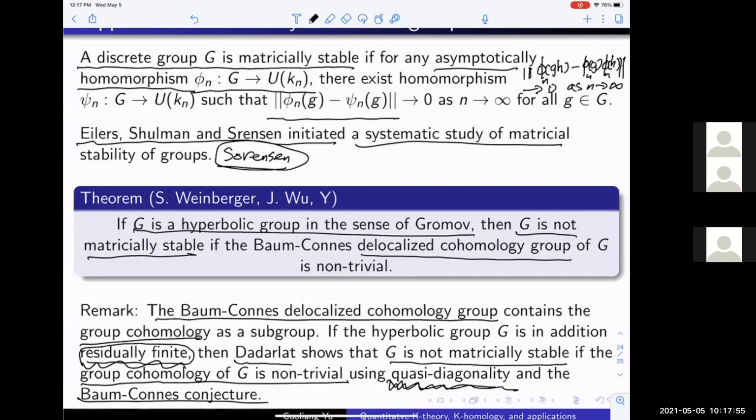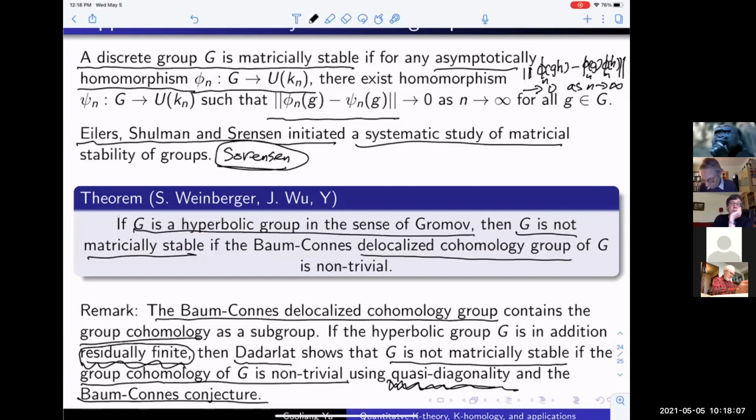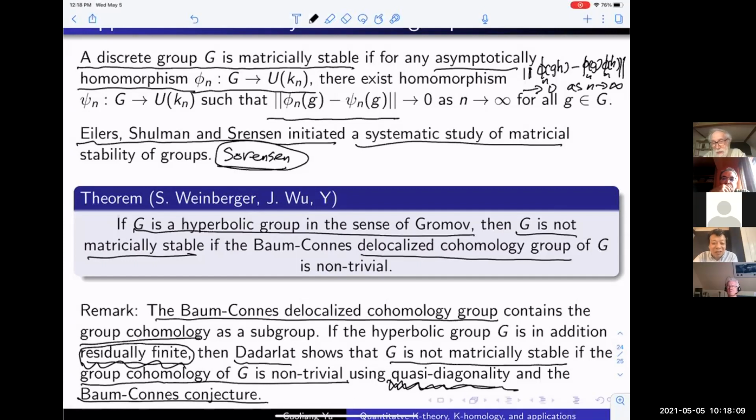The issue of finding the proper definition of K-homology for these things is quite interesting, quite open. Oh yeah, and you have a very good suggestion. We have not thought in that direction, but that's very good advice.